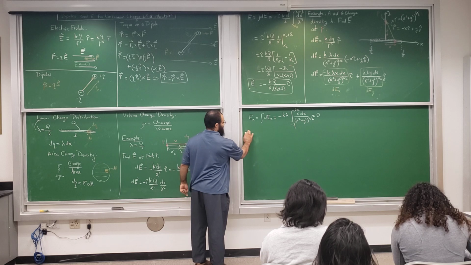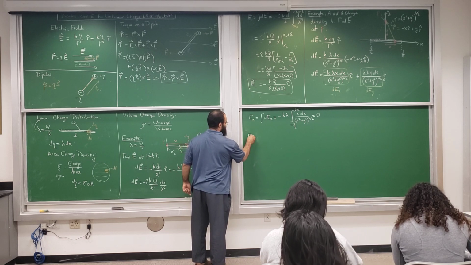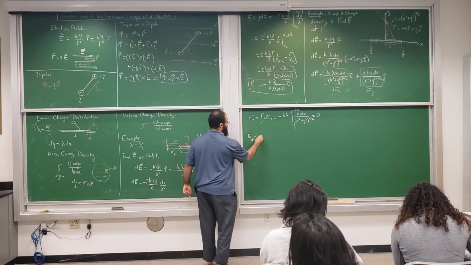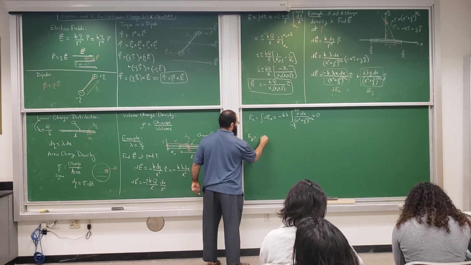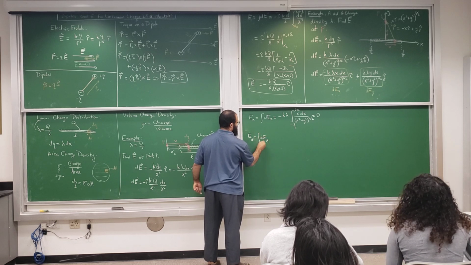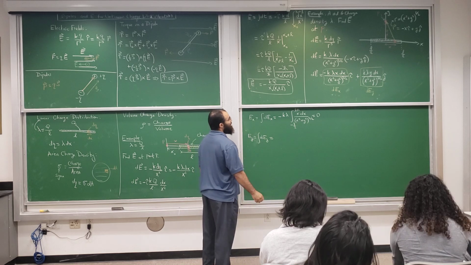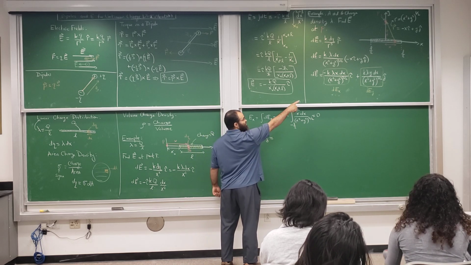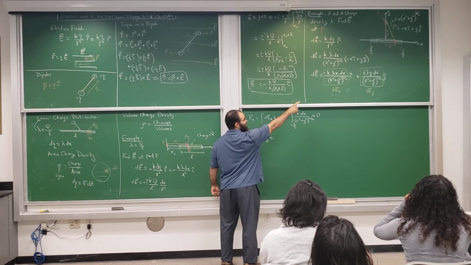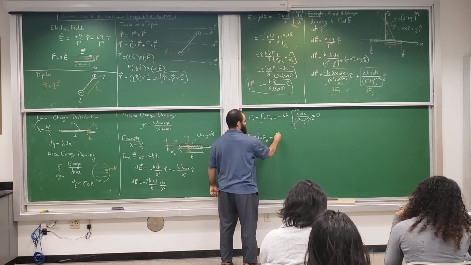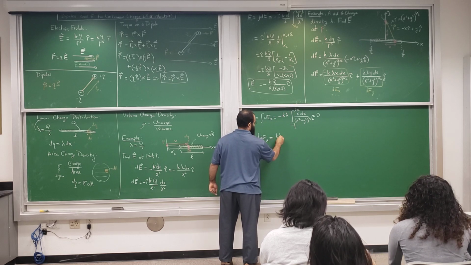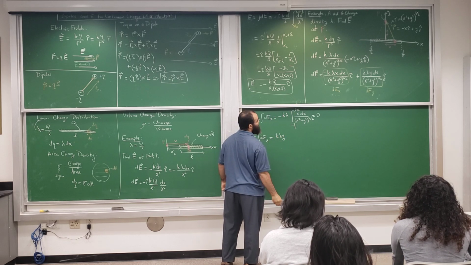Let's do the y. Ey is going to be the integral of dEy. This one we actually have to do something, so I'm going to just copy all that. So I get k lambda y.